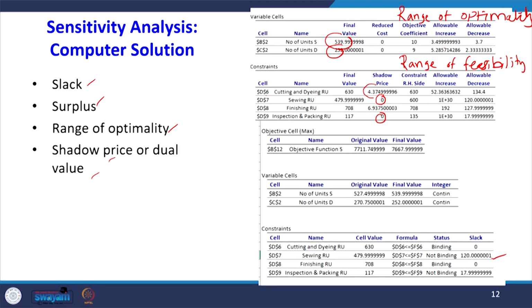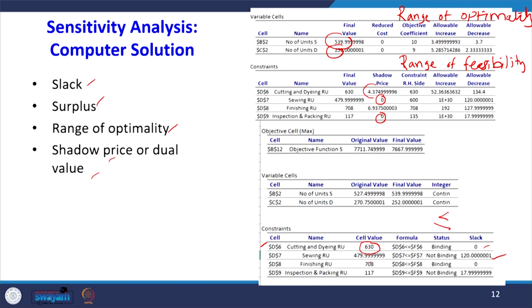At the bottom there is a slack variable. For example, the first constraint, cutting and dyeing, the slack variable is 0. What is the meaning? Since all the constraints are less than or equal to type, slack is the unutilized resources. That means we have fully utilized the cutting and dyeing department resources.